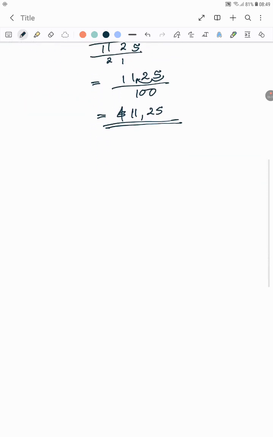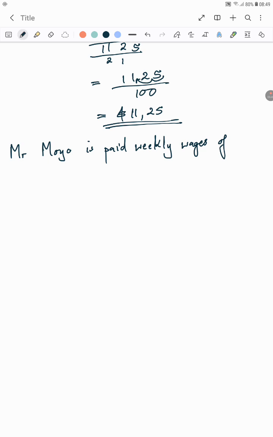This example says Mr. Moyo is paid weekly wages of $572.